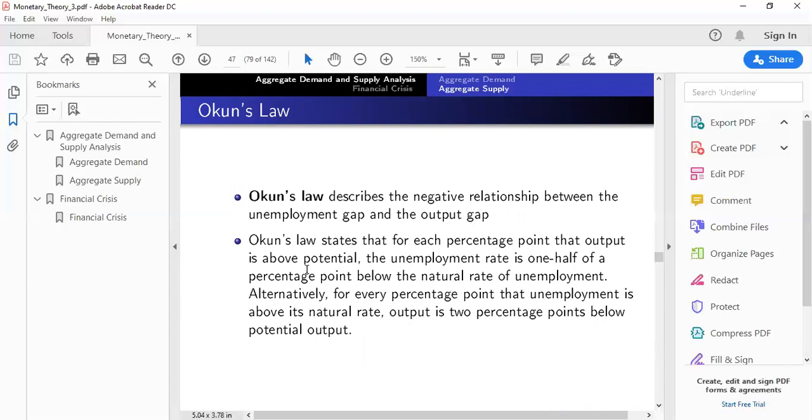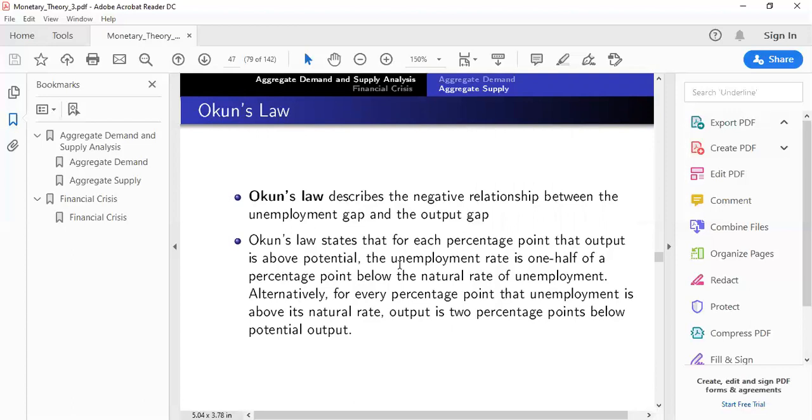If your output is above potential, if you think about unemployment, that means the unemployment rate will be below its natural rate. Because if your output is above potential, the economy is producing beyond its potential, meaning a lot of people have been employed, which translates to the unemployment rate being below its natural rate.